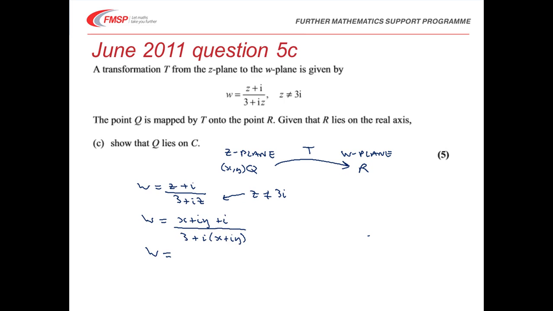In the numerator we can write x plus (y plus 1)i, and in the denominator we have 3 plus ix plus i squared y. I squared y is going to be minus y, so this is going to be 3 minus y plus ix.